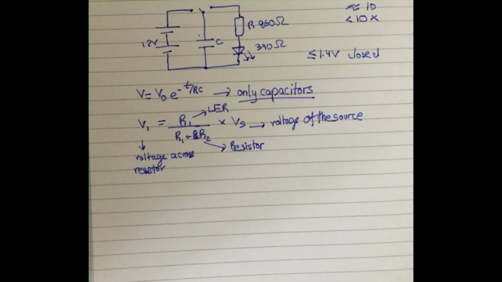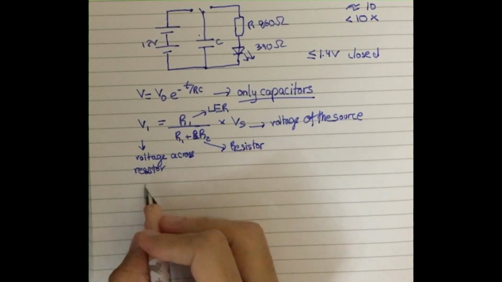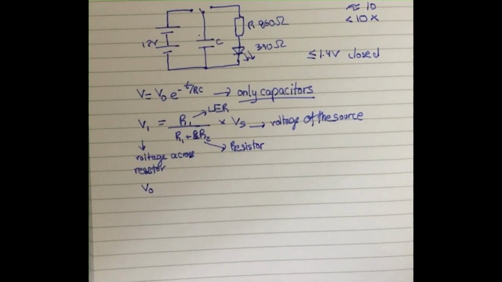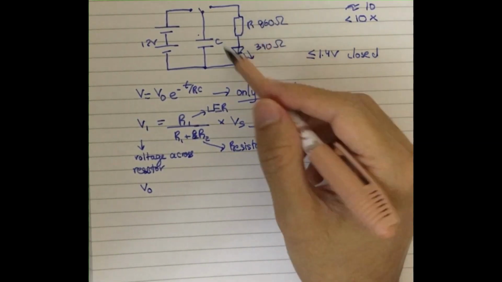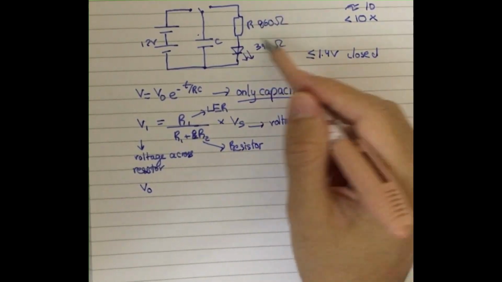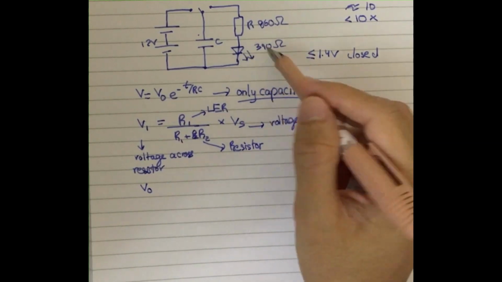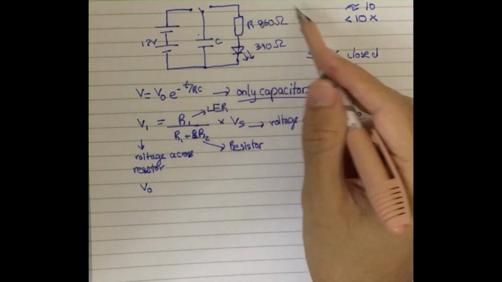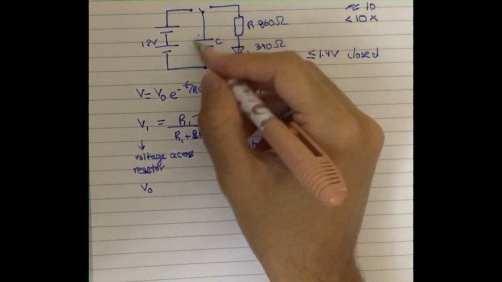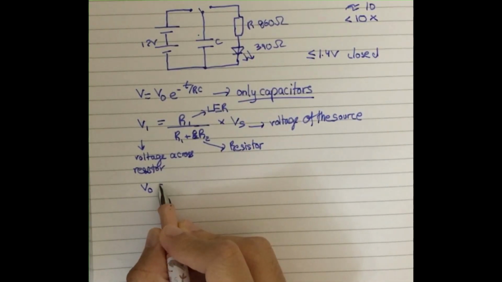Now we're going to substitute the values, right? We need to find V1, which is V initial, the voltage across the resistor, right? We need to know how much voltage is going over here, the V initial the capacitor has right now.